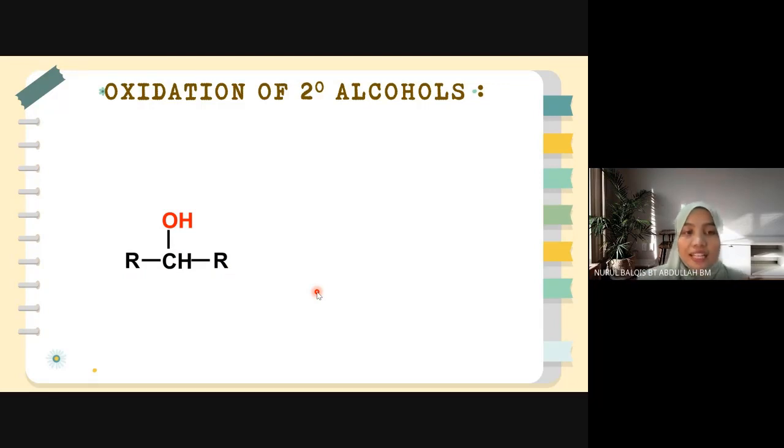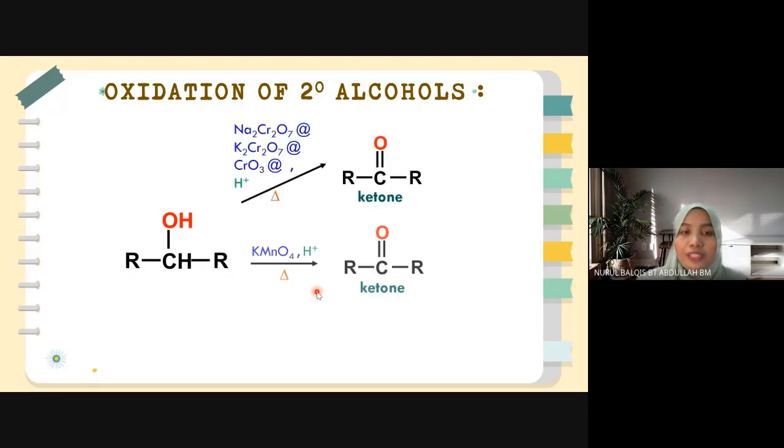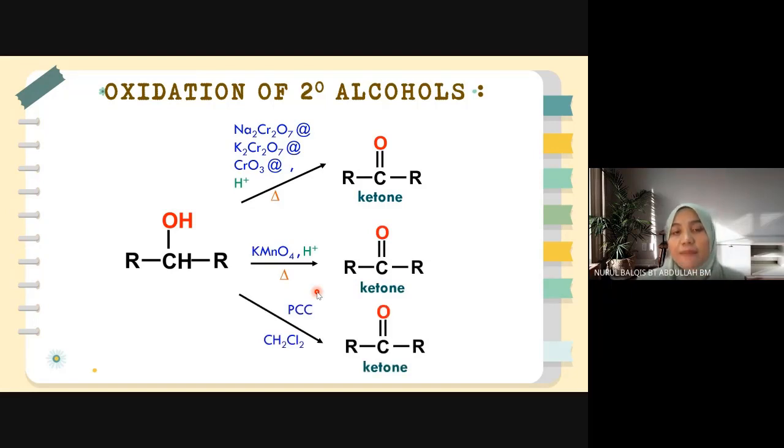Okay, jadi you must expect that all 3 oxidizing agents will give you exactly the same product, which is ketone. Okay, sebab apa? Sebab tempat untuk kita buat reaction dah tinggal satu ni sahaja. H ni memang ada tapi dia tak akan kita tukar. Sebab kita nak buat oxidation ni, kita kena form this carbon double bond O. So the C-H ni kena remain sahaja sebab kita akan dapatkan double bond tu.